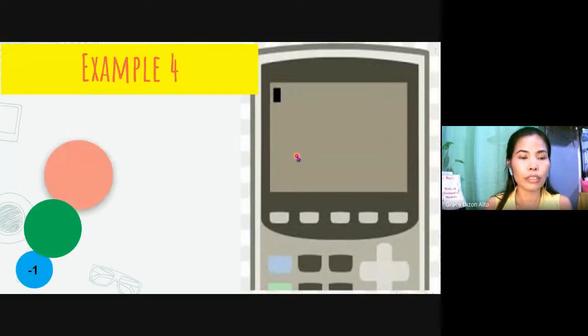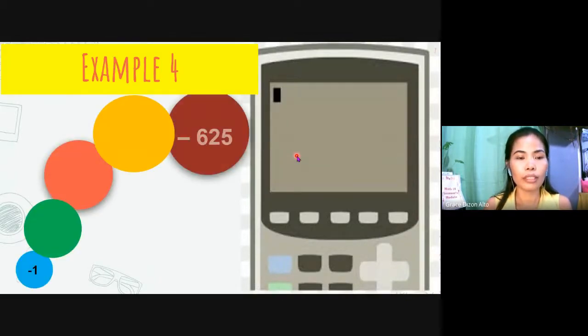Example number 4. We have the terms negative 1 and negative 625, with three geometric means missing. We get our common ratio, which is the fourth root of negative 625, our last term, divided by negative 1, which is our first term. Dividing that, the answer is positive 625 since our numbers are both negative. The fourth root of 625 is 5.